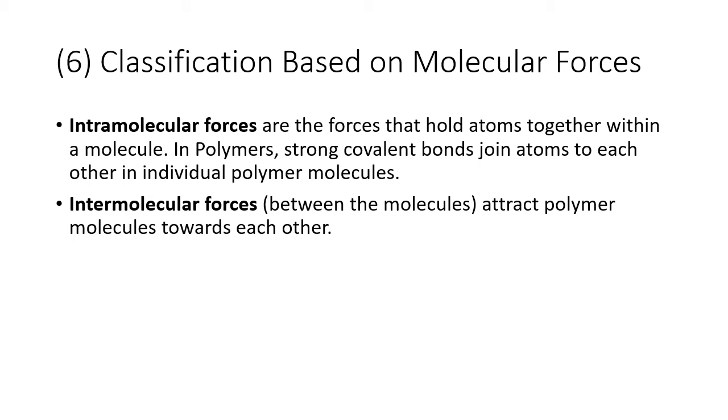And now we come to the next classification, which is based on the molecular forces. Intramolecular forces are the forces, as you know, that hold atoms together within a molecule. So in polymers, strong covalent bonds join atoms to each other in an individual polymer molecule. Intermolecular forces, that is between the molecules, attract the polymer molecules towards each other.